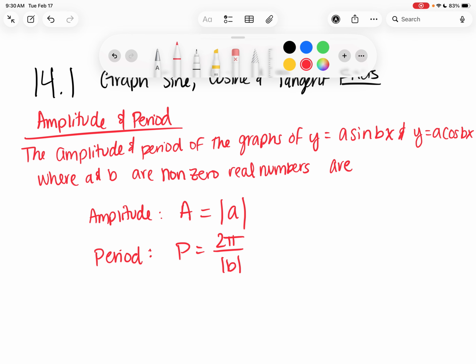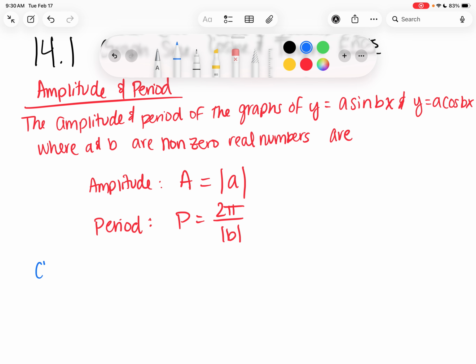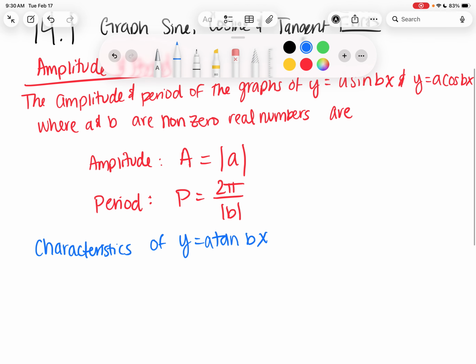Tangent is a little different. It doesn't have an amplitude. So characteristics of y equals a times the tangent of bx. A doesn't really tell us anything as far as tangent goes. I mean, it does, but we don't need it.